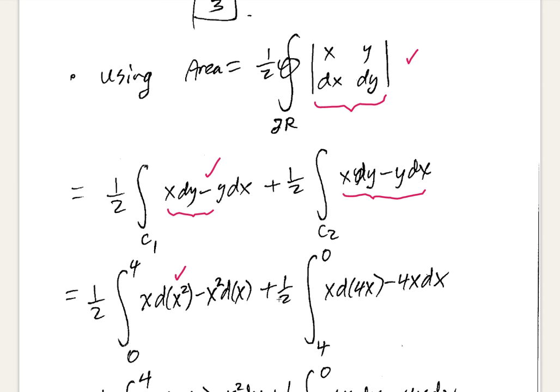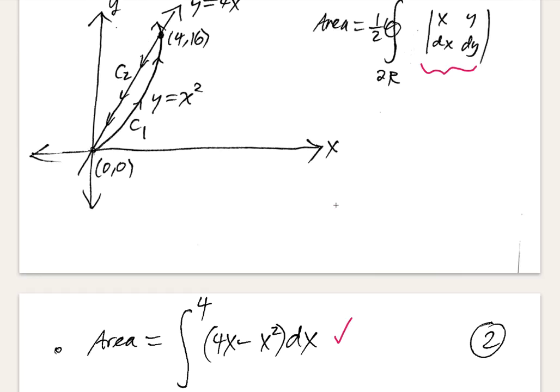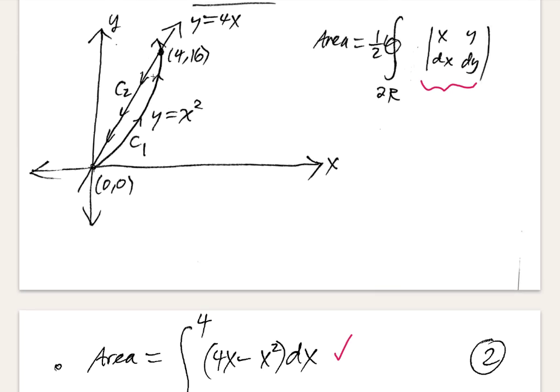Plus 1/2. Now here, y is 4x, so I replace y by 4x everywhere, there and there. But you have to be careful that you remember that C2 is being traversed, if I projected it down onto the x-axis, in the negative direction.